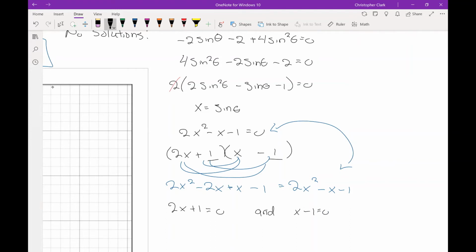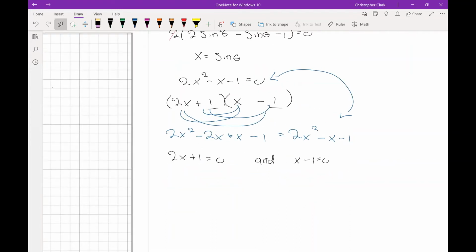But remember, x is just sine, so now we're going to plug in our sine. 2 sine theta plus 1 equals 0, and sine theta minus 1 equals 0. This gives us sine theta equals -1/2, and sine theta equals 1. All right, let's double check our handy dandy unit circle to see where this happens.